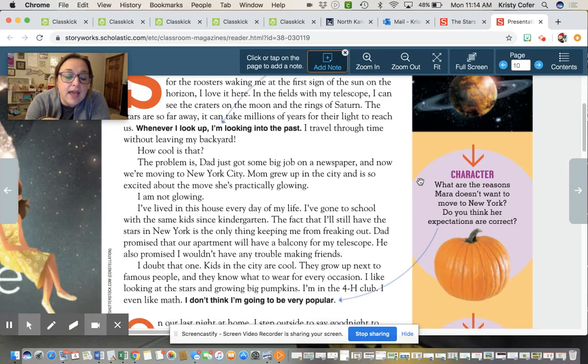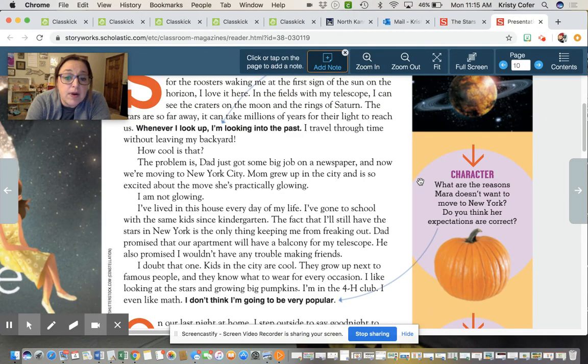How cool is that? The problem is Dad just got a new job on a newspaper, and now we're moving to New York City. My mom grew up in the city and is so excited about moving there. She's practically glowing. I am not glowing. I've lived in this house every day of my life. I've gone to school with the same kids since kindergarten, and the fact that I still have the stars in New York is the only thing that's keeping me from freaking out.